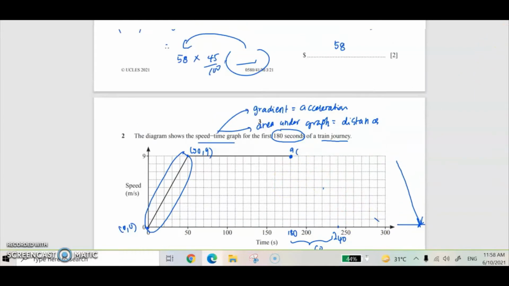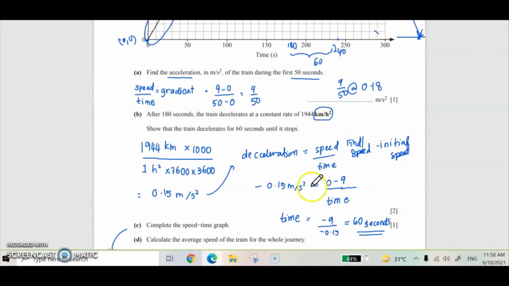Okay, so we want to find the time. So now since given is already in kilometer per hour second, jadi sorry, per hour square. Okay, kita kena tukarkan, convert into meter per second square. Jadi we know that this part is 1944 kilometer per 1 hour second.